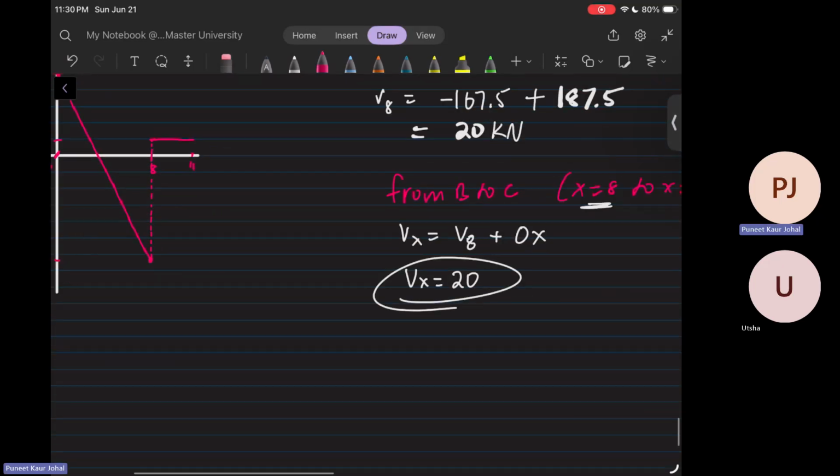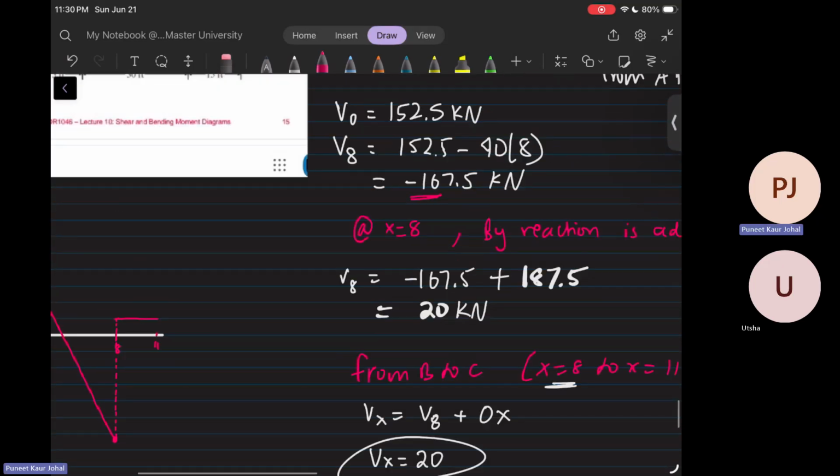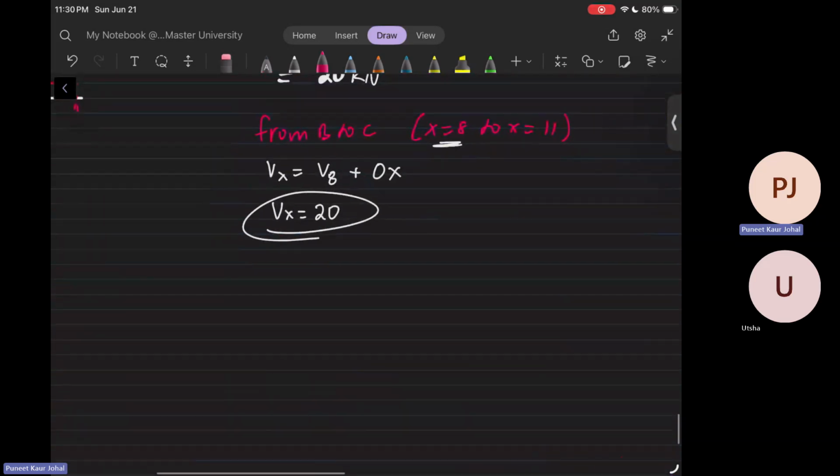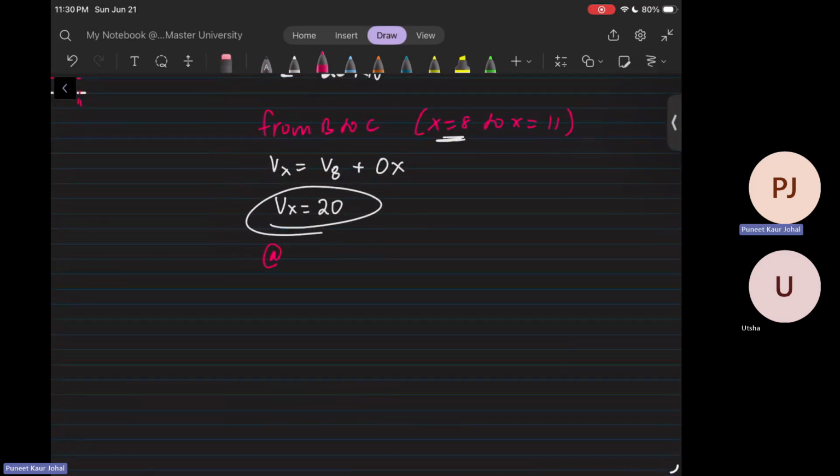Okay. Now we know at 11 something else happens. We know at 11 there is a negative 20 kilonewton load that is being applied. So at C, which is at X equals 11, we're going to account for the negative 20 kilonewton force.